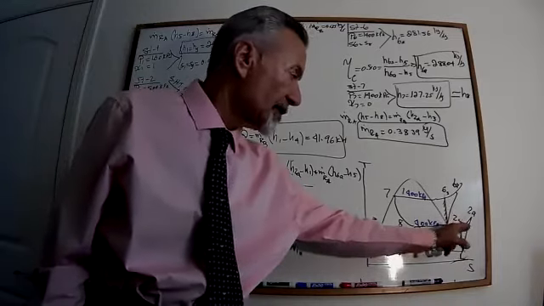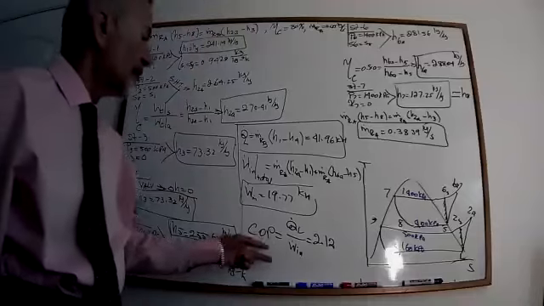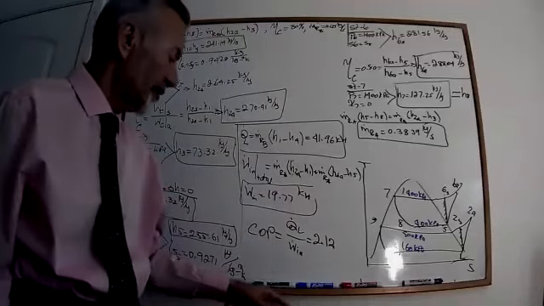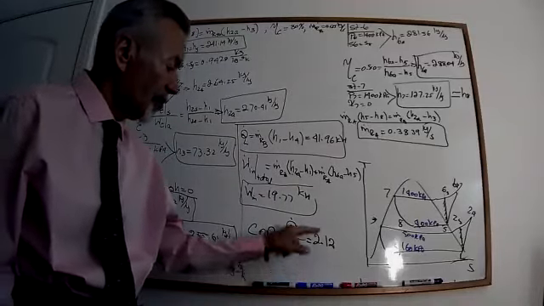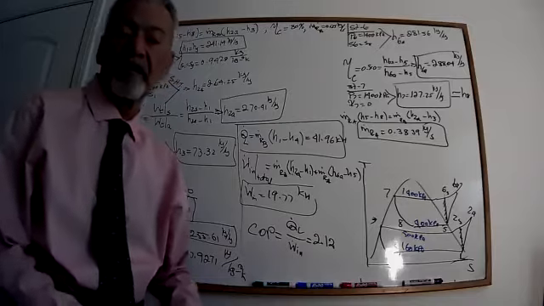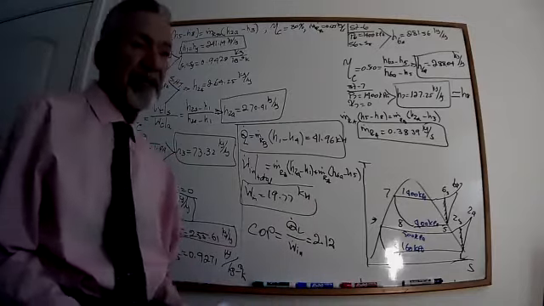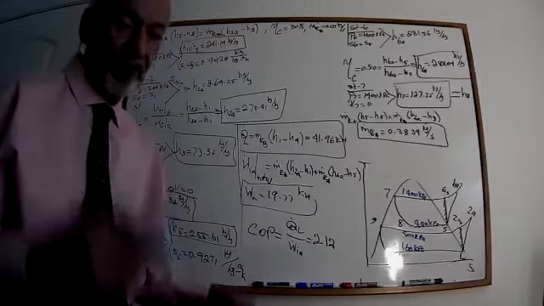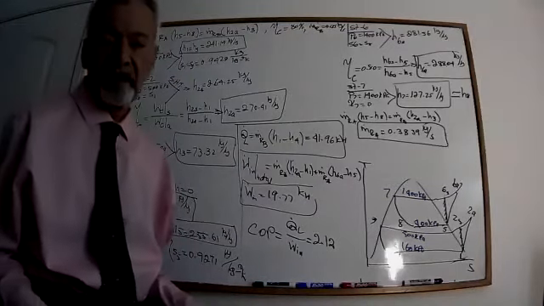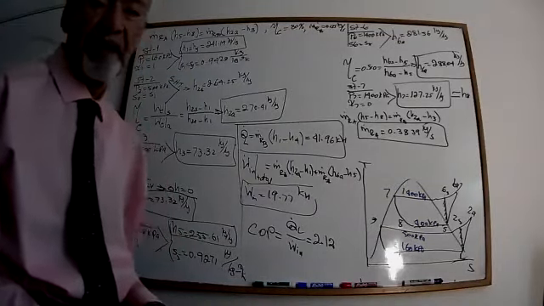It's only 80% efficient. If we didn't have that 80% efficiency, this number would have been pretty close to 3 rather than being 2.12. But this is basically a real project. It's pretty close to the real.